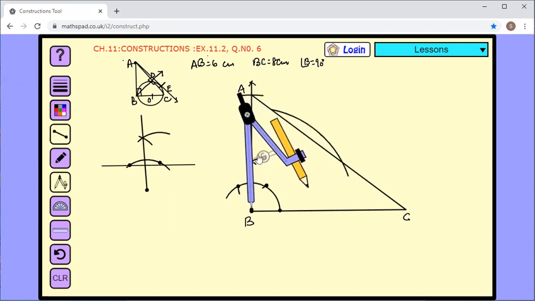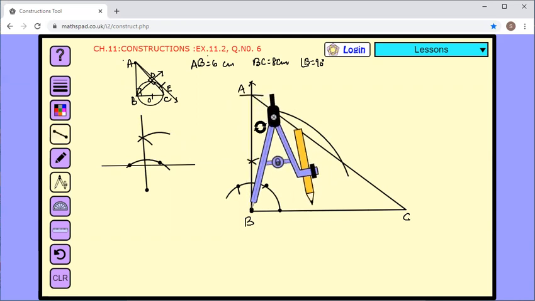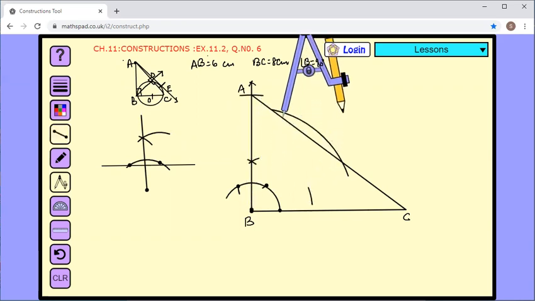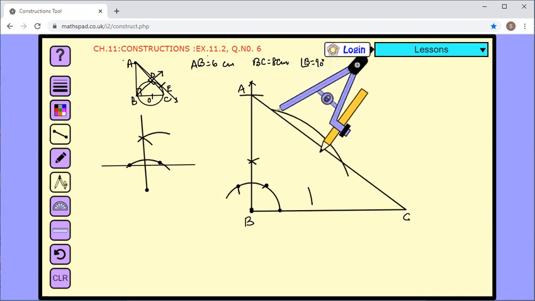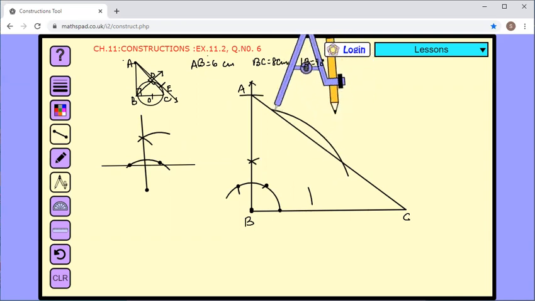Now lift your compass, put it at one point where it has intersected this line segment and draw an arc like this.